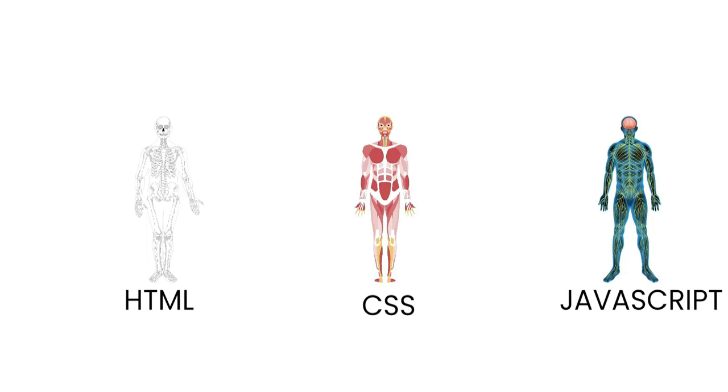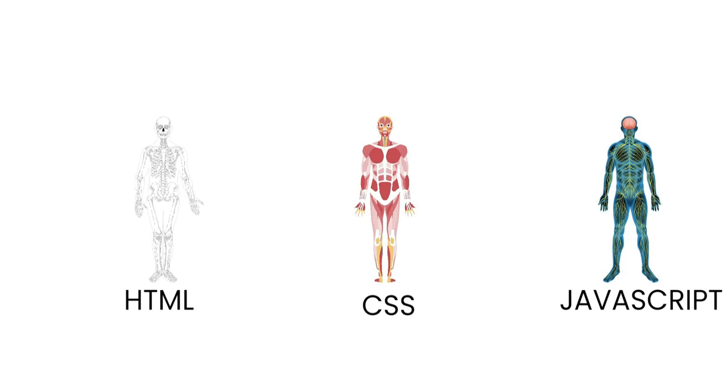And JavaScript can be used as the brain of the website, using which it can perform different functionalities for us. So this is the difference between HTML, CSS and JavaScript. Using this example, I hope you have a clear understanding of what HTML, CSS and JavaScript are used for.